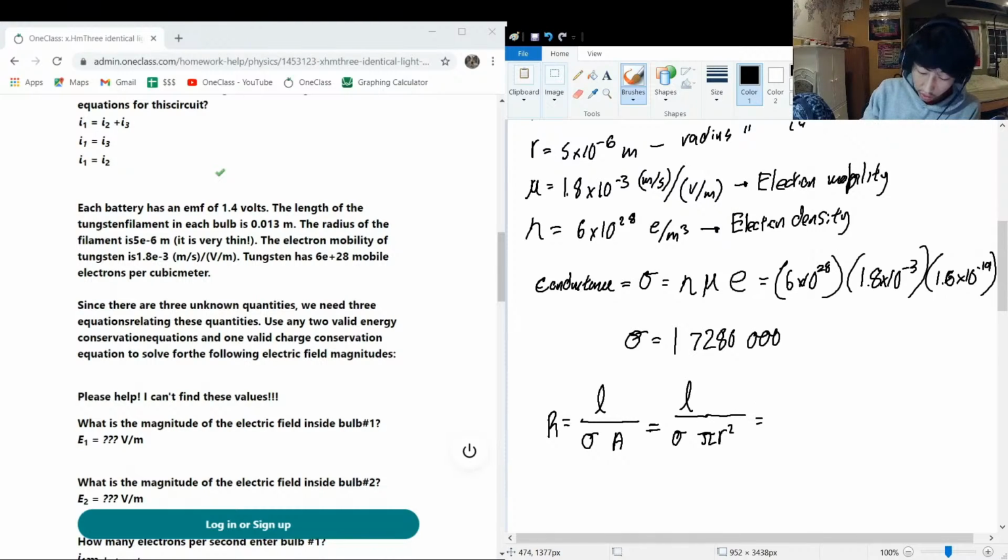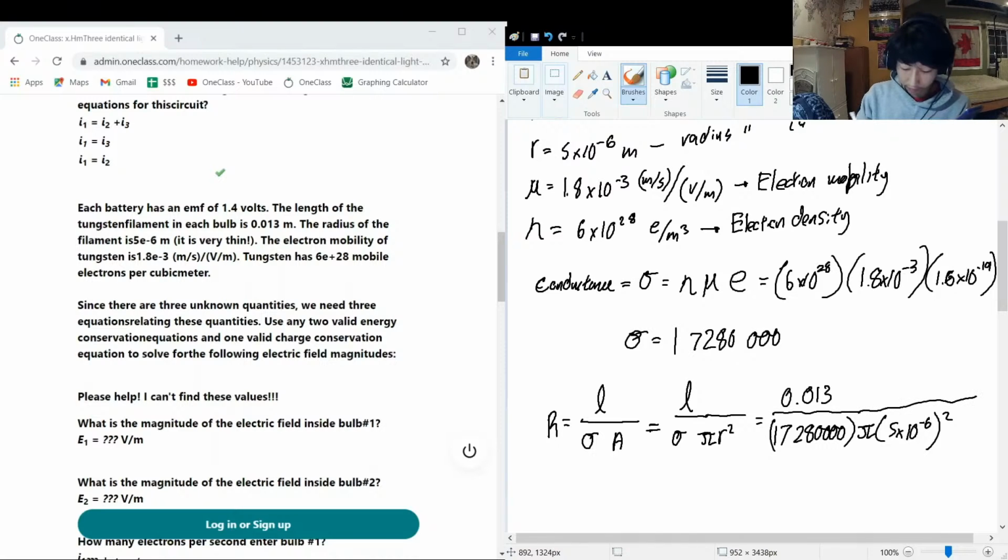Okay, so let's substitute in our numbers. Our L value was 0.013. Our sigma value is 1728000. Multiply that by pi, multiply that by the radius, which is 5 times 10 to the negative 6, and we have to square that.